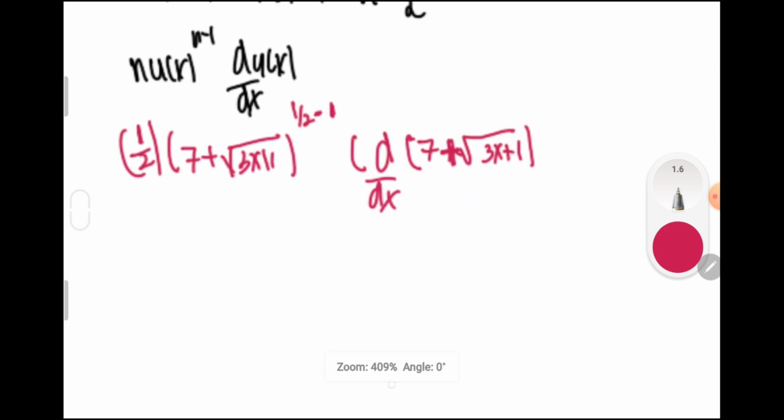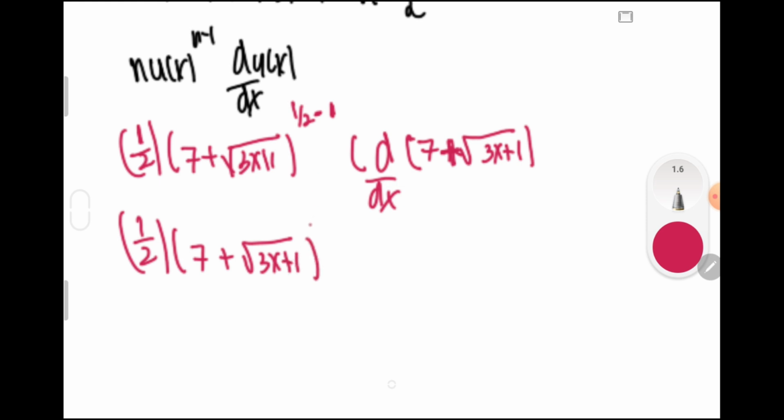So this will have a value equal to 1 half multiplied by 7 plus square root of 3x plus 1 raised to 1 half minus 1, which is negative 1 half, multiplied by the derivative of 7, which is 0, plus the derivative of square root of 3x plus 1 dx.